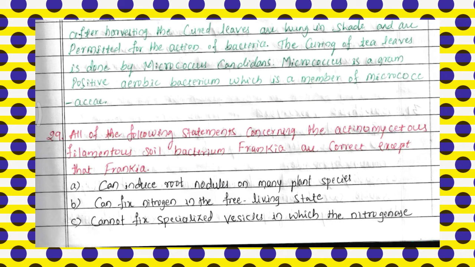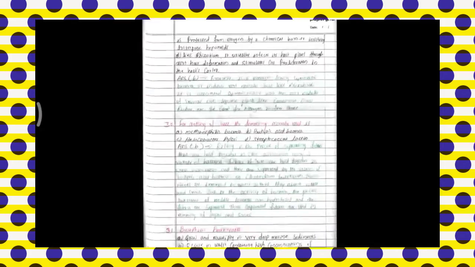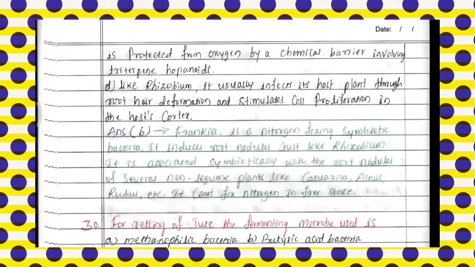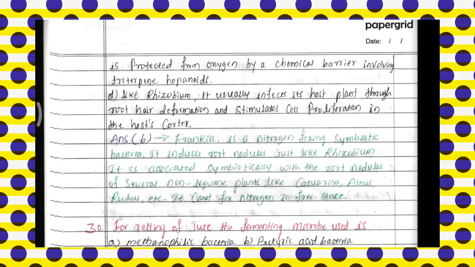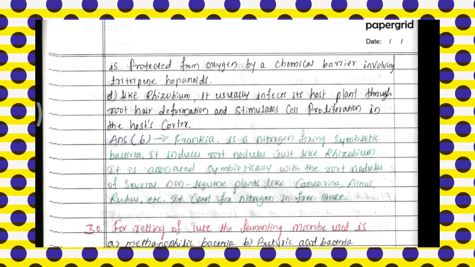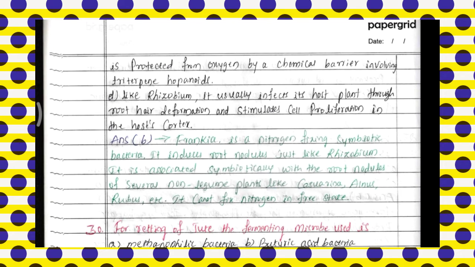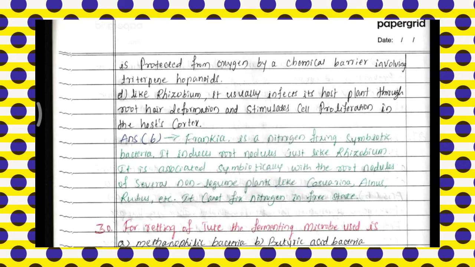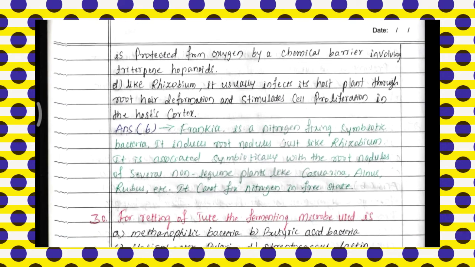C. Can form specialized vesicles in which the nitrogenase is protected from the oxygen by a chemical barrier involving hopanoids. D. Like rhizobium, it usually infects its host plant through root hair deformation and stimulates cell proliferation in the host cortex. Answer is B.